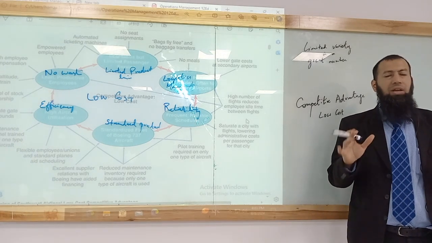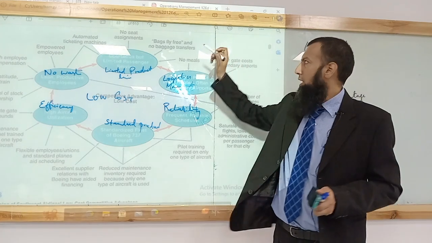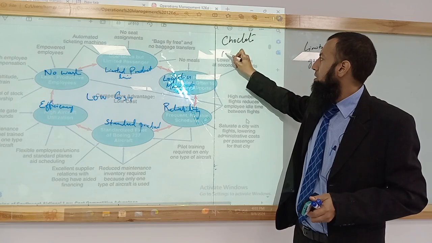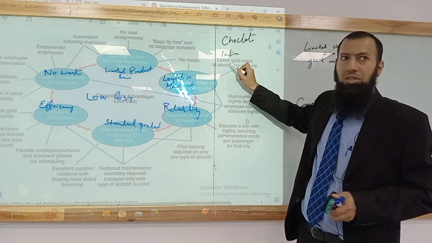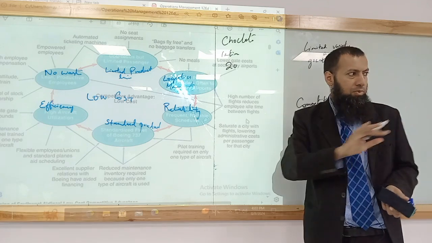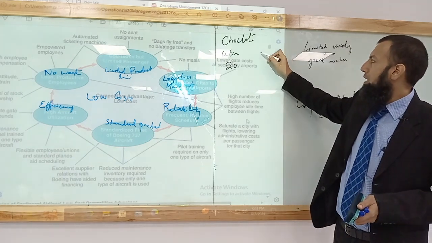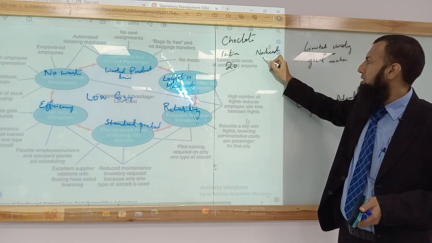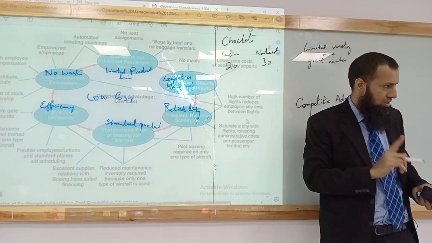When we talk about the chocolate, let's talk about the chocolate. Imtiaz store has 20 different varieties of chocolate, and Nahid store has 30 varieties of chocolates. Get a point?